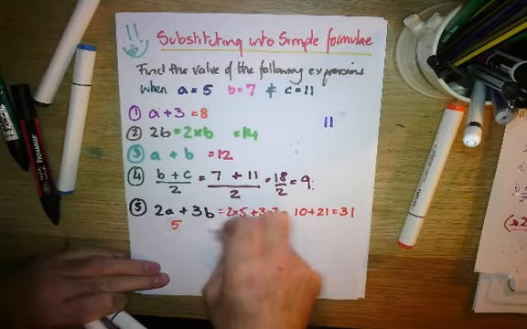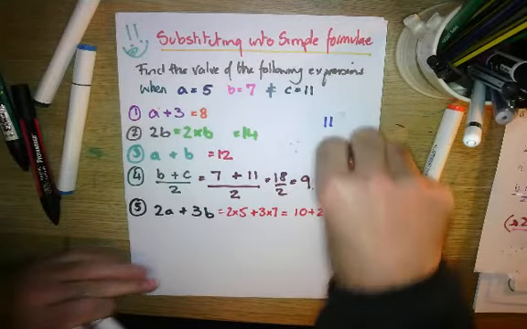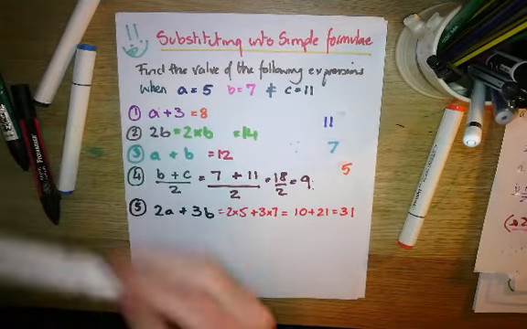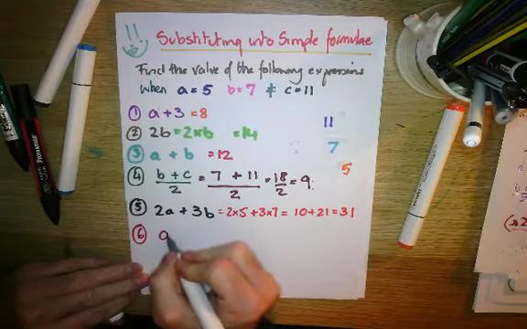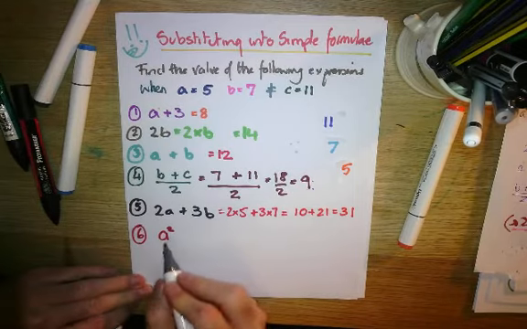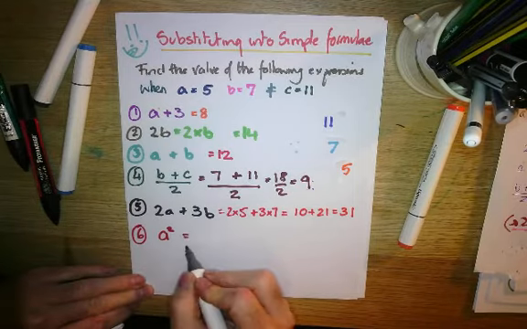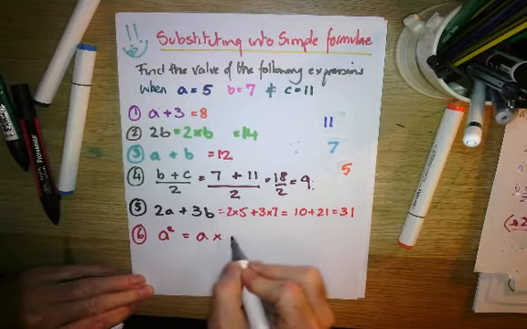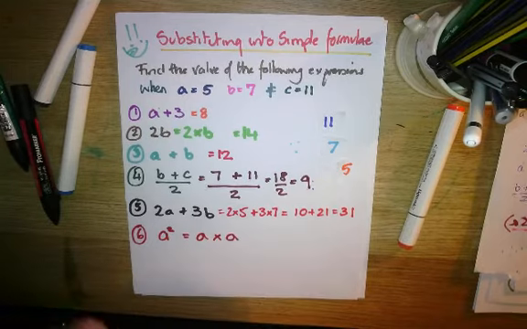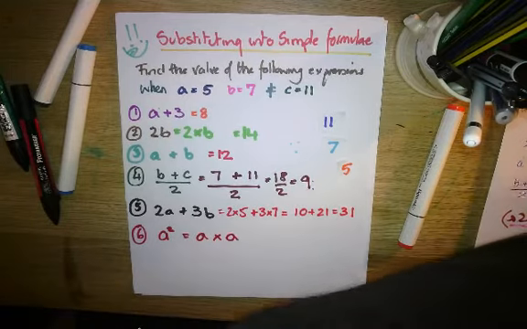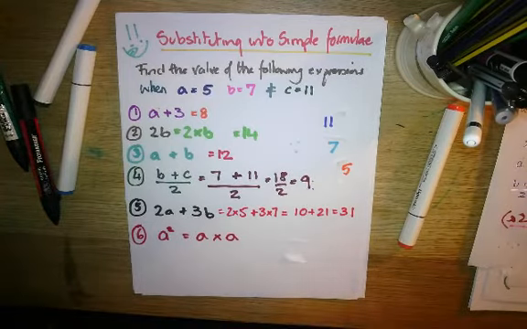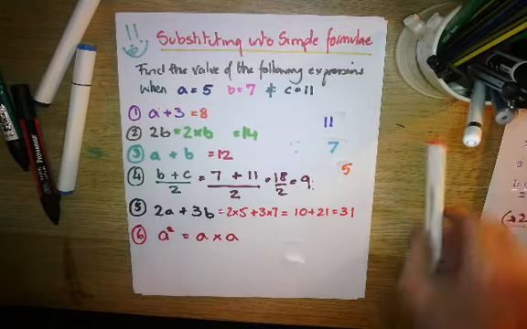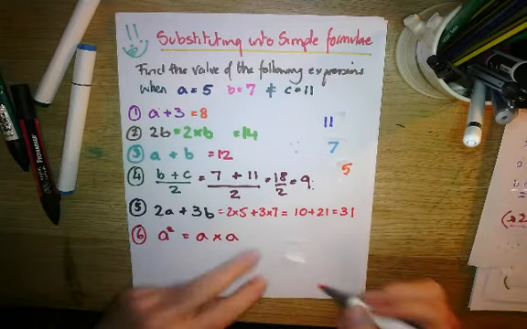Okay, let's try a couple more and then we should be done. Let's try another nice colour, and let's go for, ooh, what about this? A with a little 2. Now what this means is A times A. So what I've got to do here is use 2 lots of A. So let me get it in the same colour so that we're happy with that.